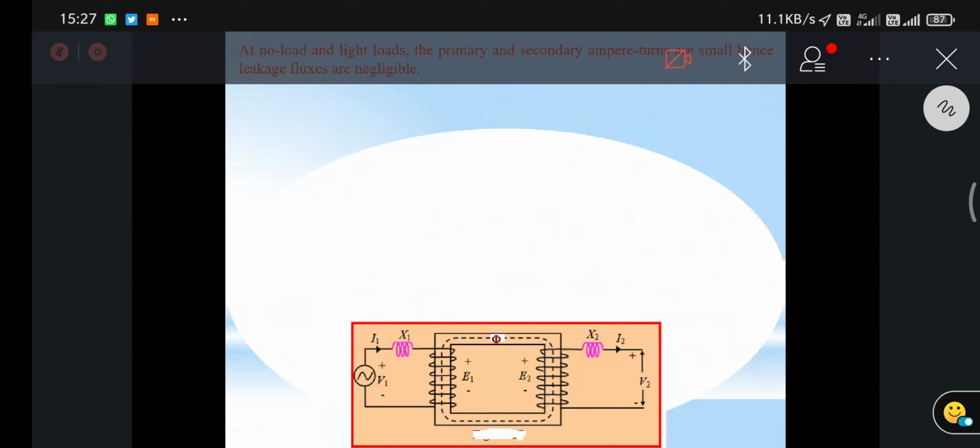At no load and light loads, the primary and secondary ampere turns are small. Always remember, light load means low load condition.